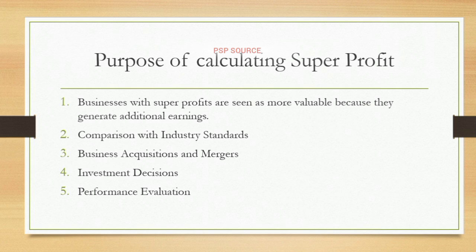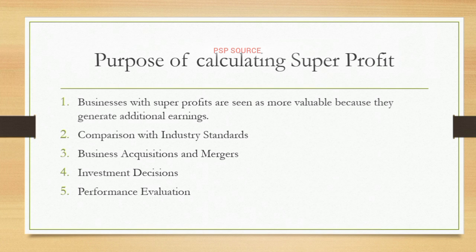As a buyer, I need to know how much I want to pay for that goodwill. So this method helps to know how much super profit I have to pay for that goodwill. Fourth, it helps investors assess whether a business generates returns over a fixed period of time.